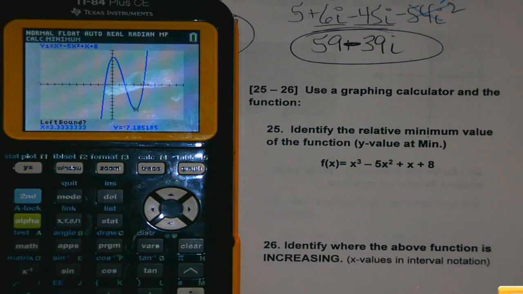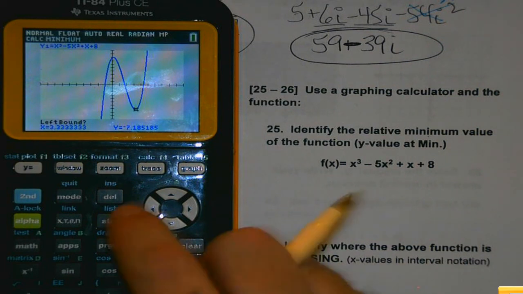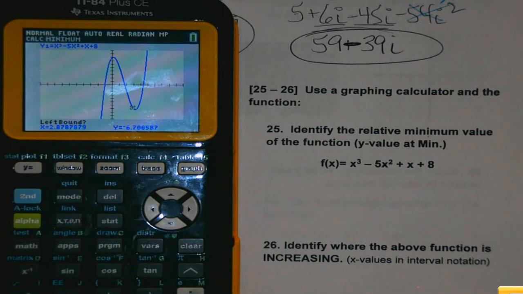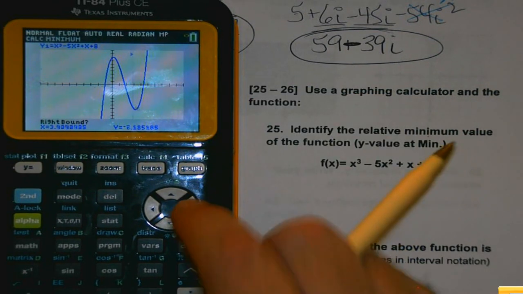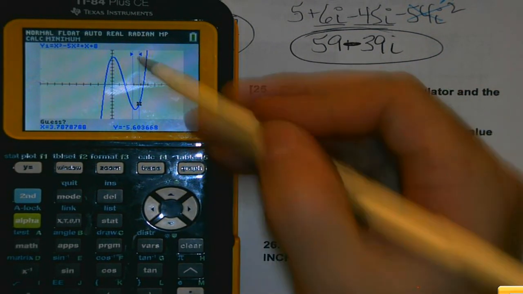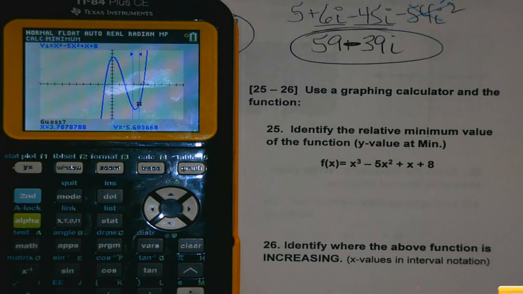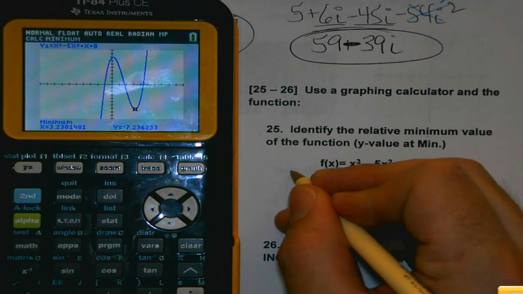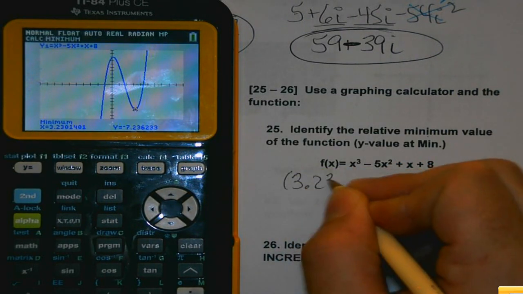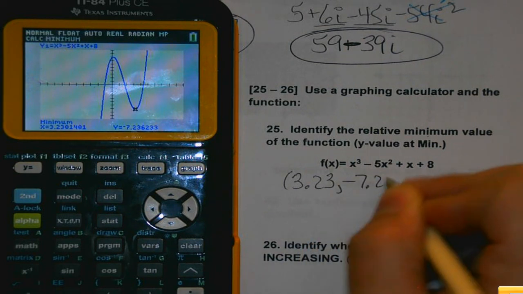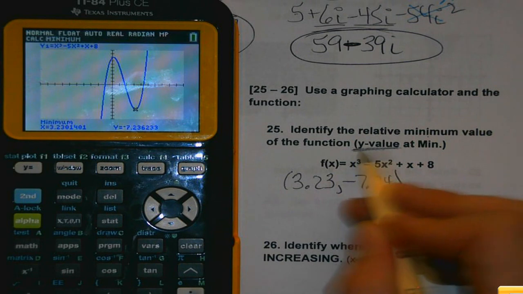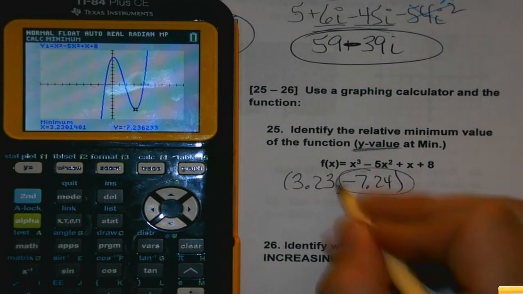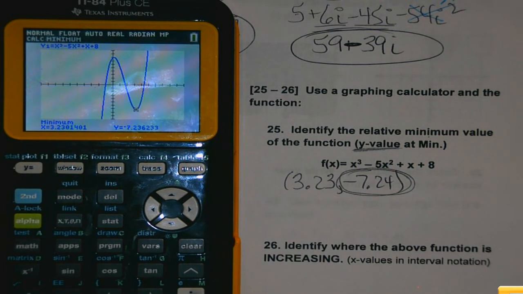So I get my cursor down as close as I can to the minimum. 3 to the left, enter, there's my first border, 1, 2, 3, 4, 5, 6 to the right, there's my other border, I'm trapping in my min, and my min value, but notice, the relative minimum is the y value, okay, so it won't be coordinate points, it'll just be the y value that I'm looking for on that.